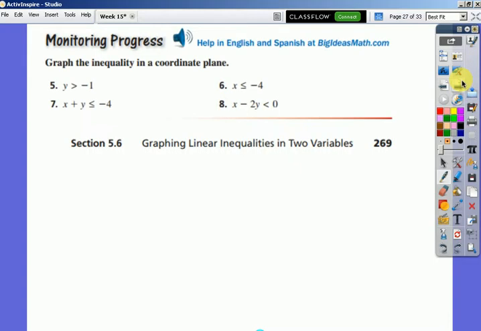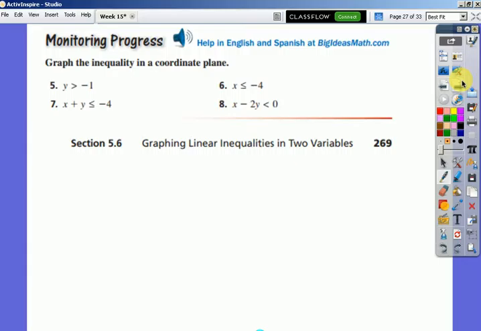All right. So we're gonna look at graphing the inequalities in a coordinate plane. Your book talks about testing values, and that is definitely true. You can test the value 0, 0. When can you not test the value 0, 0?